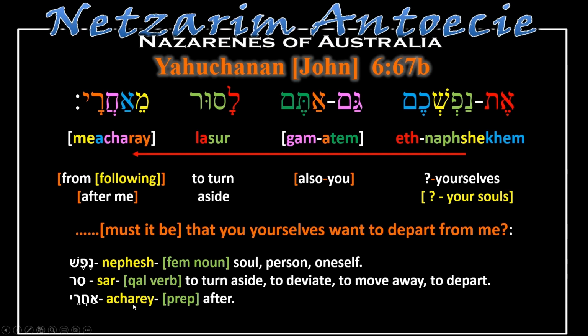Then we have acharei, which is a preposition, which means after. That's normally how after would be, but here it's got a different ending because that ending means me. It could also mean my after, but it actually means me, from after me.